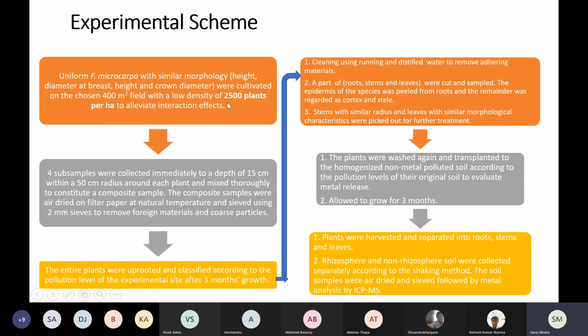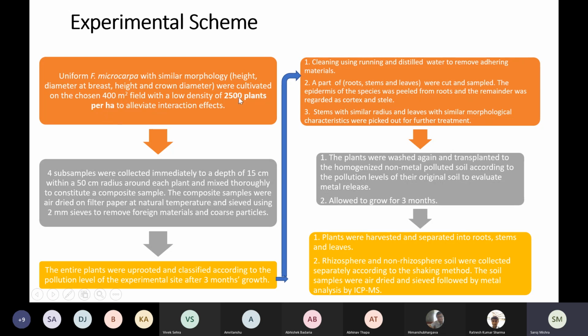You put about 2,500 plants per hectare of land, so that there is no interaction between the plants. Otherwise the plants are also going to compete for the nutrients. So you plant them at sufficient distances from each other. So 2,500 plants were planted per hectare.